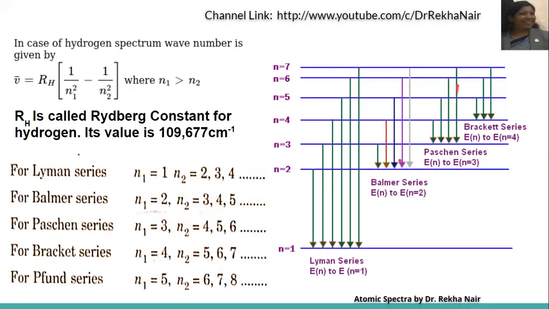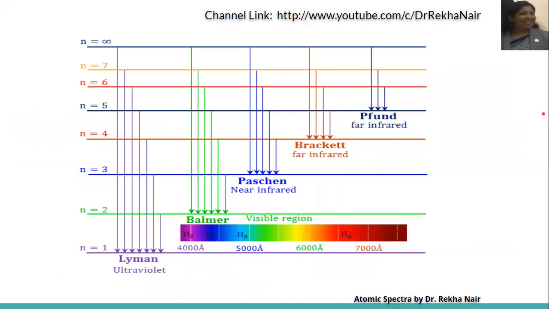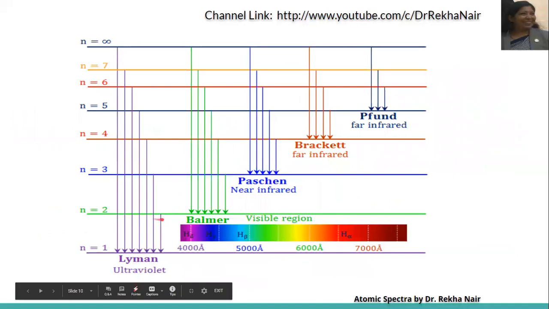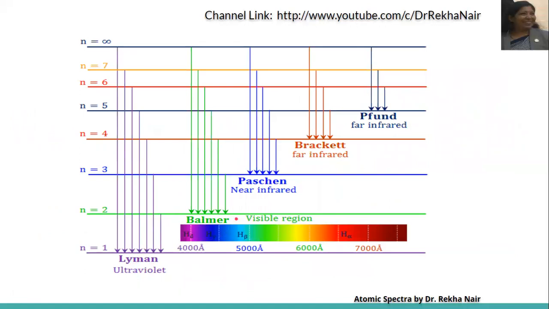And in the Paschen series, from all other states to n equal to 3, and so on. Here we can see the Lyman series is in the ultraviolet region, the Balmer series in the visible region, Paschen in near infrared, Brackett in far infrared, and the Pfund series is also in far infrared.